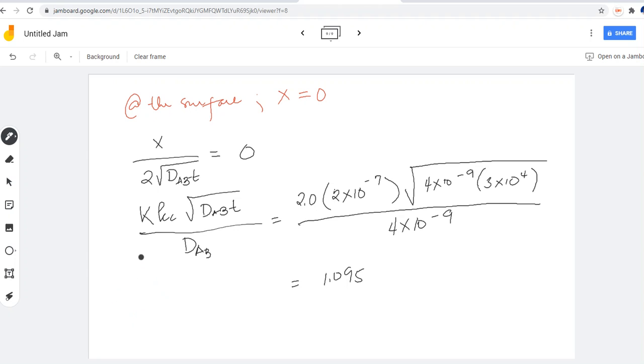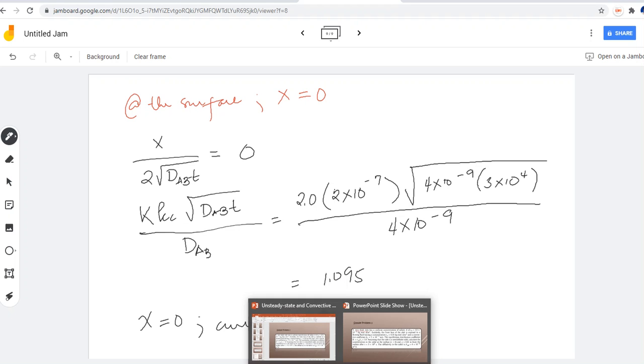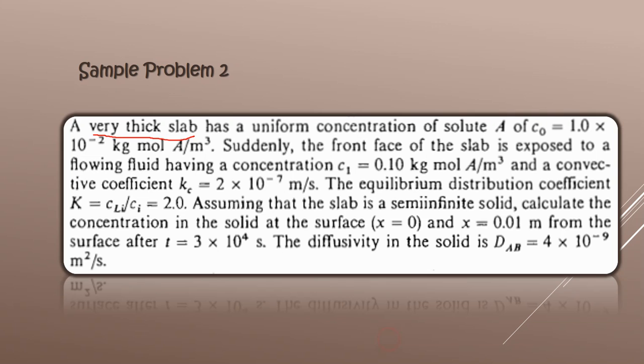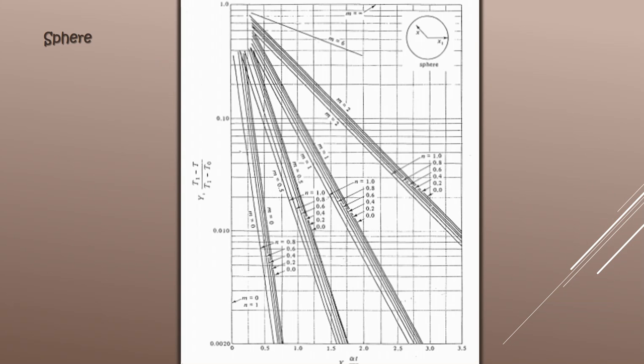So for the x, we'll have 0, and for the curve that corresponds to this, that would be 1.095. Then we go to our figure and use this particular value. Let's see what we'll be getting for the 1 minus y.